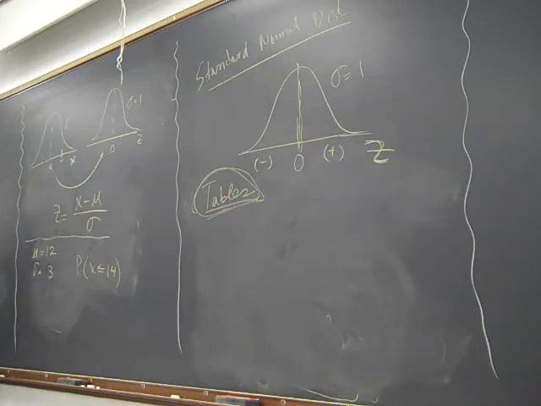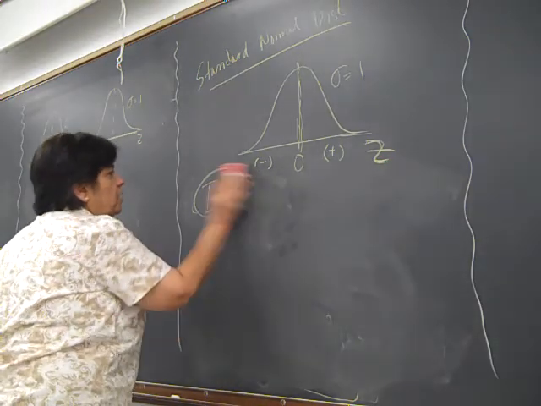So the mean is 12 minutes, and the standard deviation 3 minutes. So what is the probability that x is less than or equal to 14? And that's in your book again.